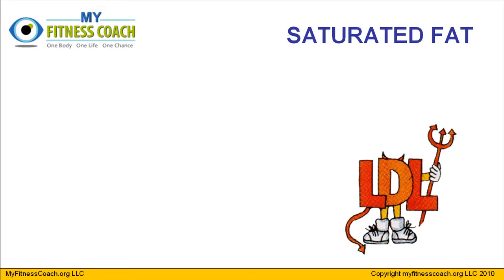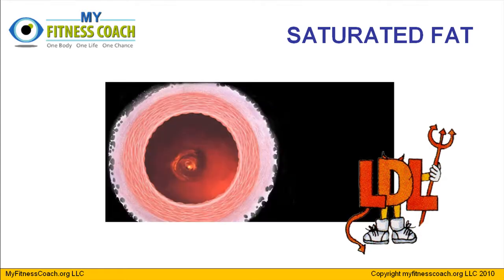When you eat too much saturated fat, it can cause your LDL, or bad cholesterol, to go up. And that spells trouble. If this is your arterial wall and we're looking through an artery inside your body, whenever you get too much LDL in your blood from eating too much saturated fat or dietary cholesterol, it causes plaque to build up in that arterial wall.